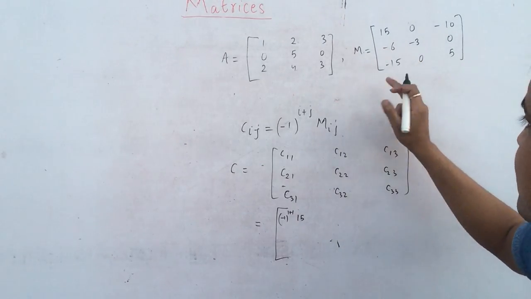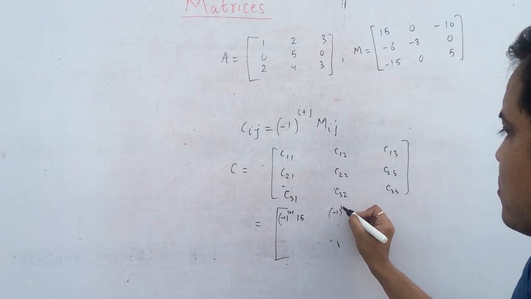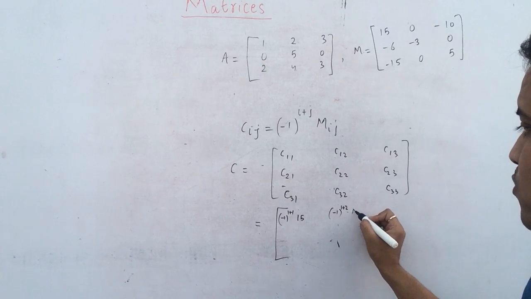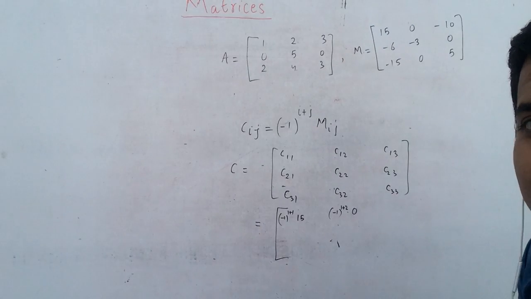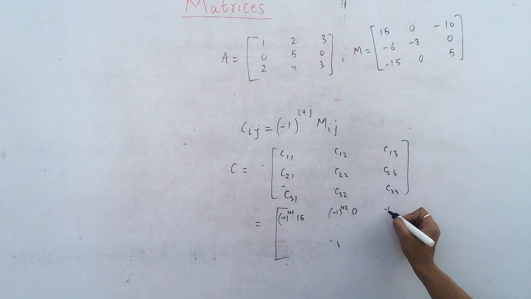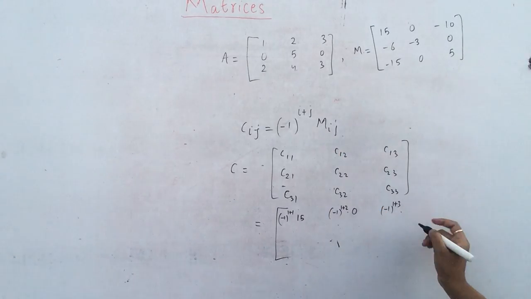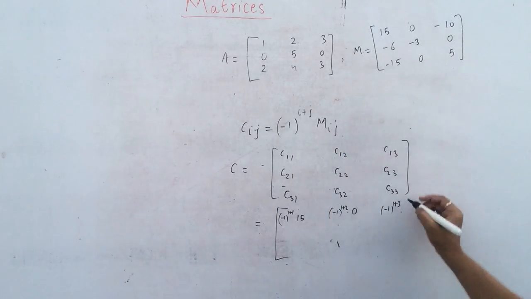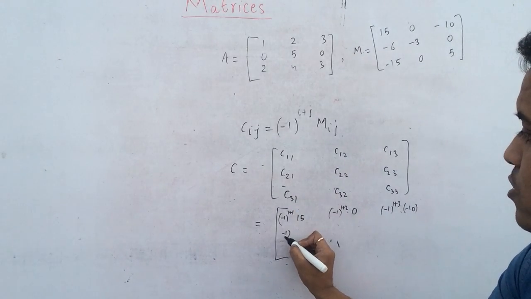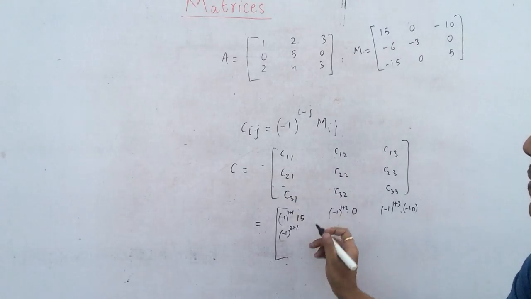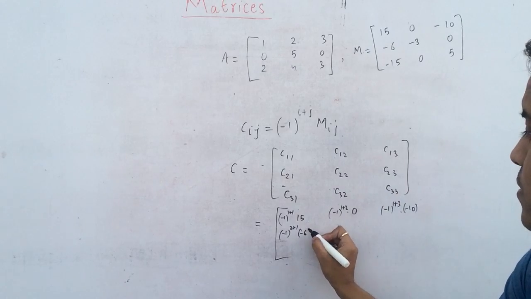C12 is minus 1 raised to power 1 plus 2 times M12, which is 0. C13 is minus 1 raised to power 1 plus 3 times M13, which is minus 10. C21 is minus 1 raised to power 2 plus 1 times M21, which is minus 6.